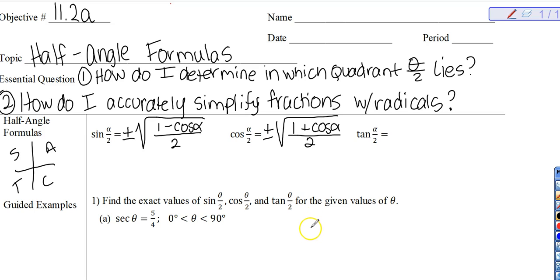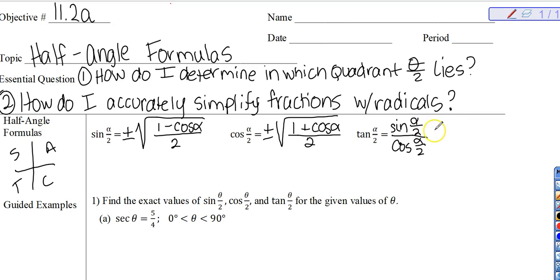has 3 options. The first option I like because I don't really have to memorize it. I can just access it because I know tangent is sine over cosine. So one formula is the sine of alpha over 2 over the cosine of alpha over 2. It's easy to plug the values in real fast, simplify it, and I'm done.